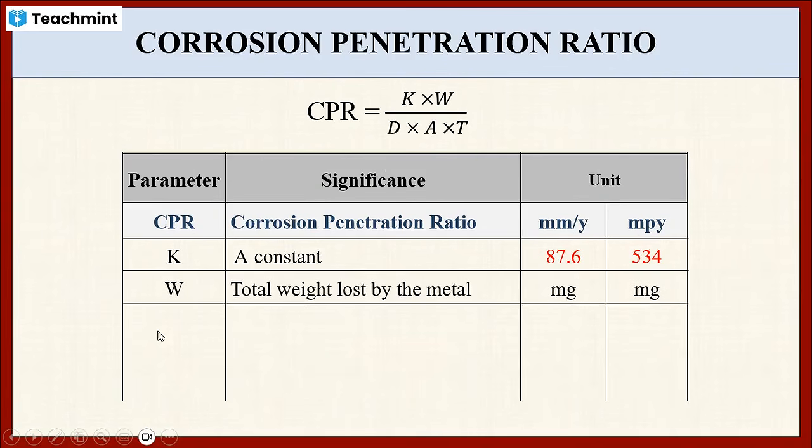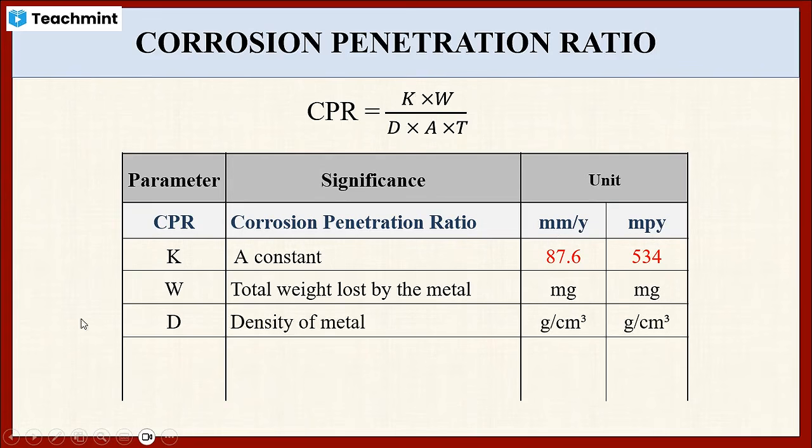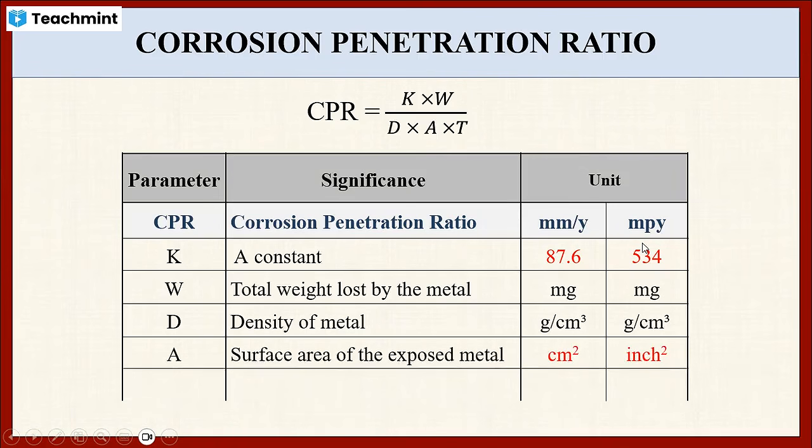And W is the total weight lost by the metal, and its unit is milligram for both MMY as well as MPY. D is the density of the metal, and its unit is gram per centimeter cube for both MMY as well as MPY. A is the surface area of the exposed metal, which is expressed in centimeter square for MMY and inch square for MPY.